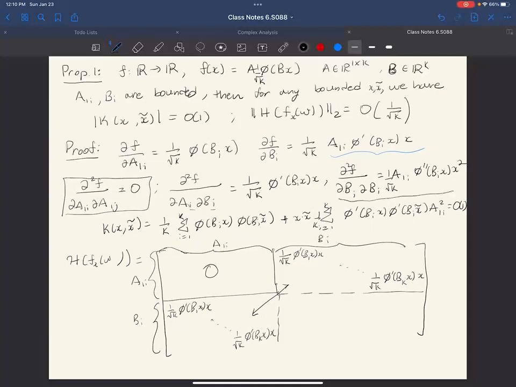And remember, again, it's only going to be diagonal. So it's only going to have these diagonal terms. And these will be like 1 over root k, a_1, phi double prime, b_1 x, x squared. Sorry, this will be b_1 in the first coordinate. And then 1 over root k, a_k, phi double prime, b_k x, x squared.